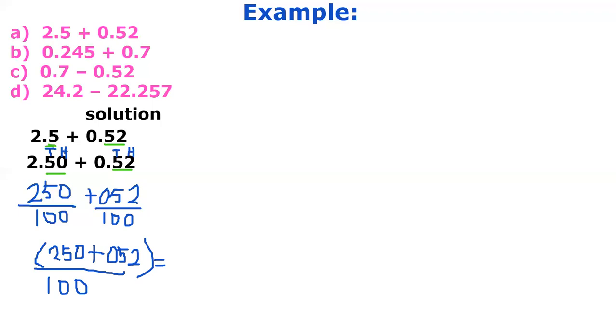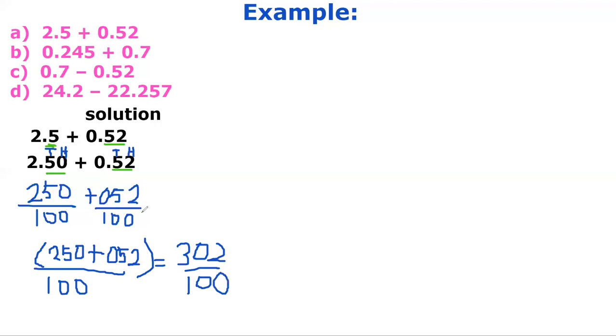When you have your 250, do that one and tell me the answer. 250 plus 52. So our answer here is 302 all over 100. Okay.